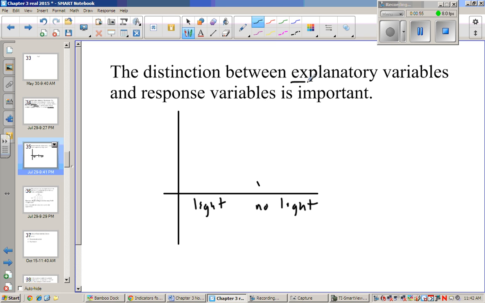And we need to pay attention that our explanatory and our response variables are clear. Those are our explanatory variables, and our response variable might be the height of the plant. And so we need to make sure we're clear about what these are.